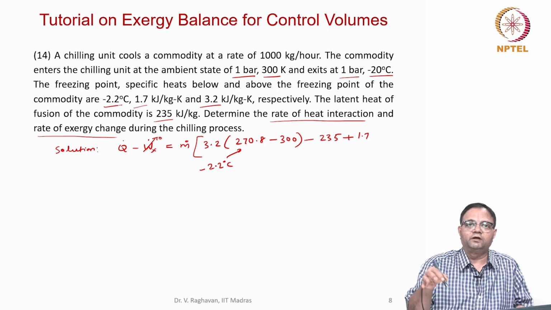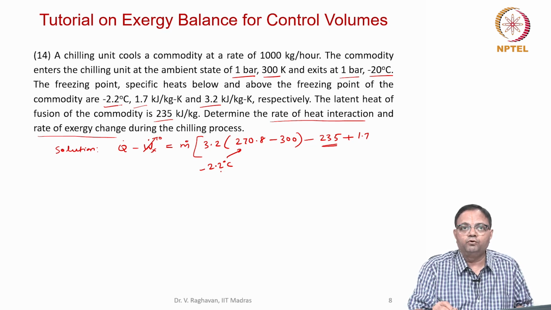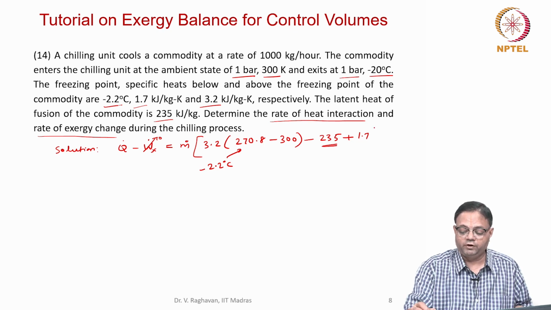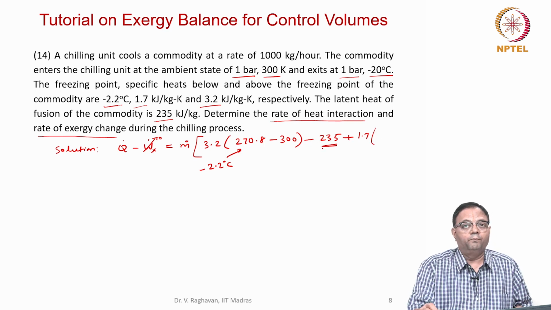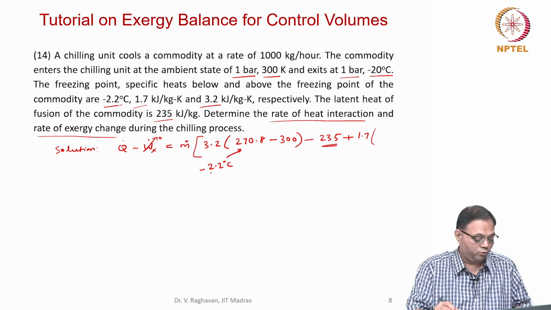Now, further cooling will decrease the temperature after the freezing occurs, when you remove the latent heat of fusion. Further cooling will reduce the temperature from minus 2.2 degrees centigrade to the final temperature of minus 20. But when you remove the latent heat of fusion, the temperature remains at the freezing point, which is minus 2.2 degrees centigrade.